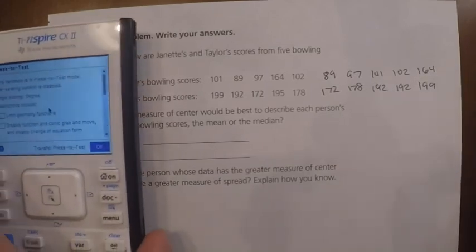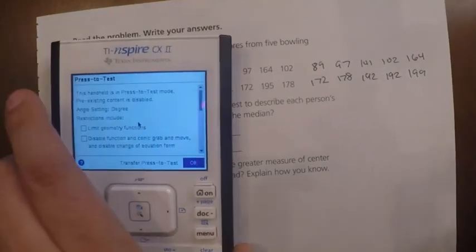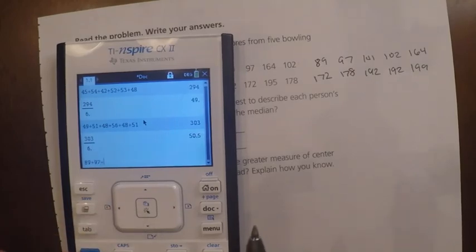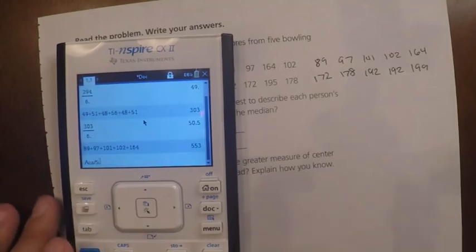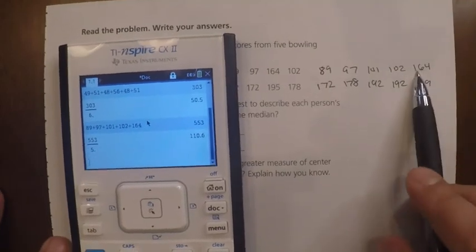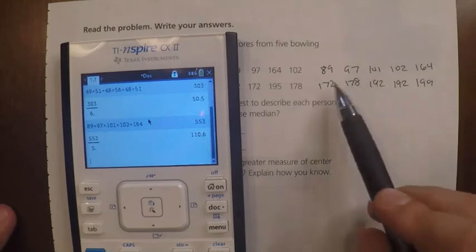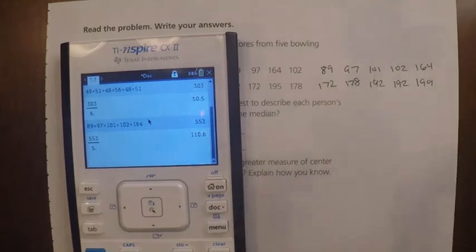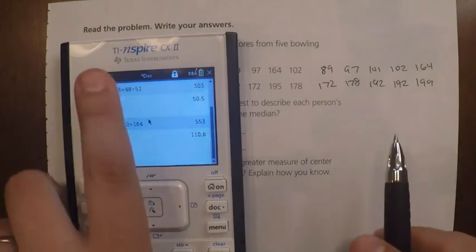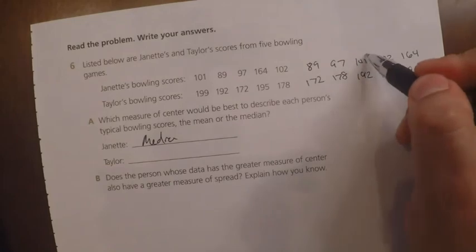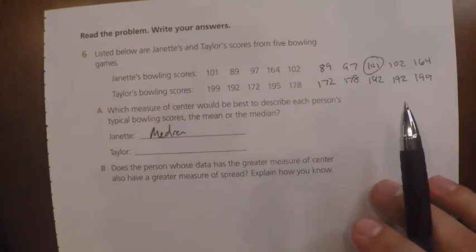If we took the mean, 89 plus 97 plus 101 plus 102 plus 164, and divided by 5, her average is 110, or 111 if we round up. However, looking at all of her scores, only once did she get a 111, so the mean would not be a good tool for Janet, while the median would be better. The median here would be 101, which is more representative of what she would score.